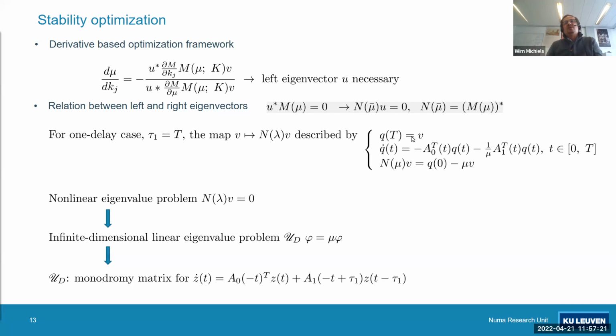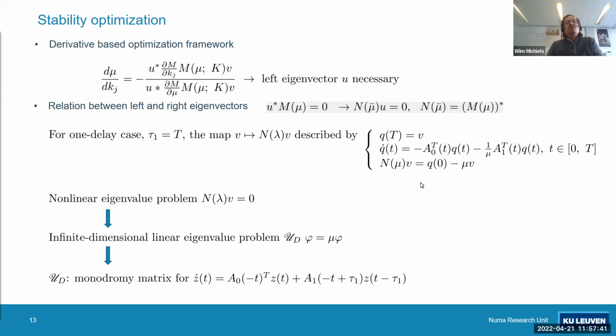You have to start from some vector v. If you want to define N of mu times v, you start from v, integrate backwards in time till 0, and then take the value at 0 minus mu times v.